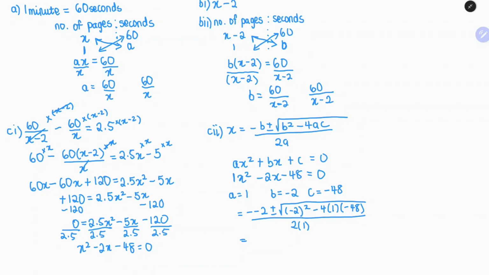Please don't forget the negatives as you put this into your calculator, divided by 2 times 1. So this immediately gives me 8. And if I put in a minus instead of the plus, what I'm going to get is negative 6.